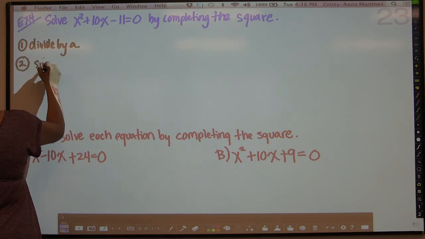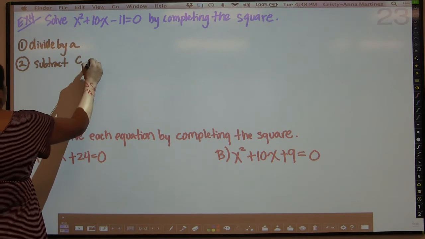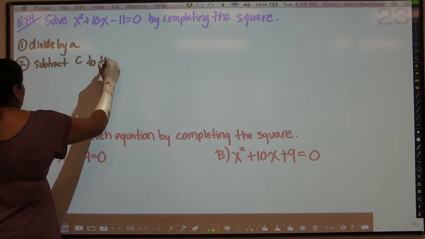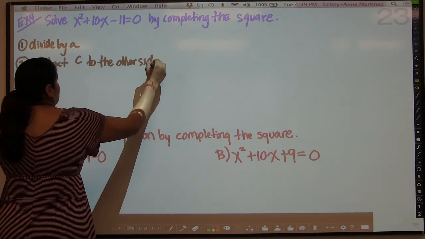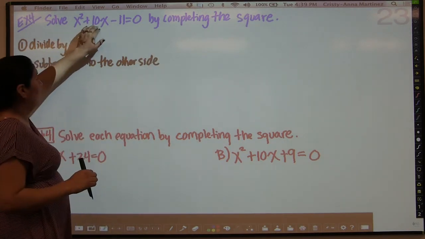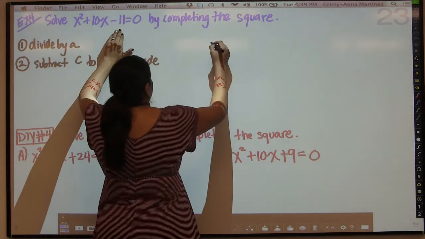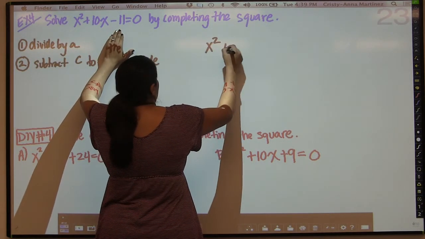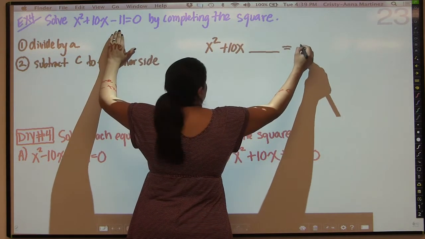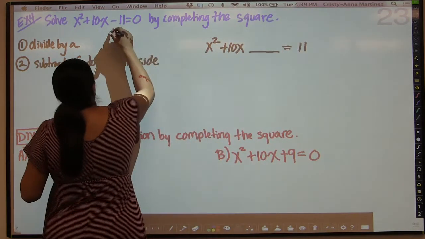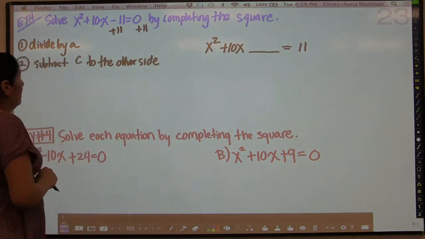subtract c to the other side. Okay, in other words, you have ax squared plus bx plus c, the negative 11. So we want to basically go x squared plus 10x and then blank equals 11. I'm going to move this guy to the other side, okay?